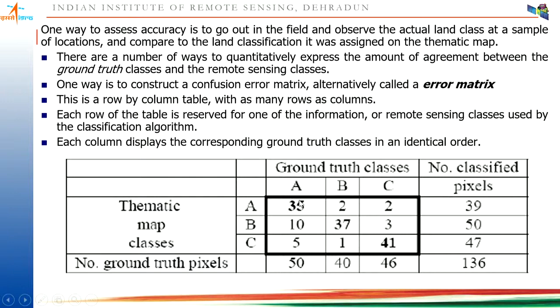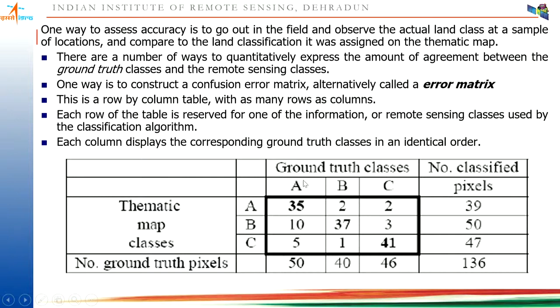There are other points which are A in the reference class but are not classified as A. That means they were forest, but they are classified as urban. This is also possible. Suppose there are 10 such points, so I have put 10 here.